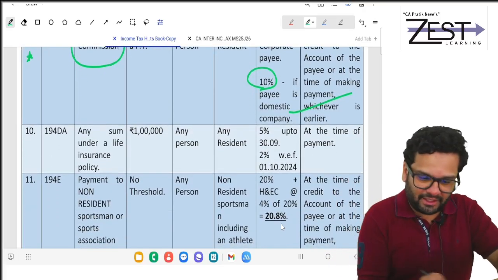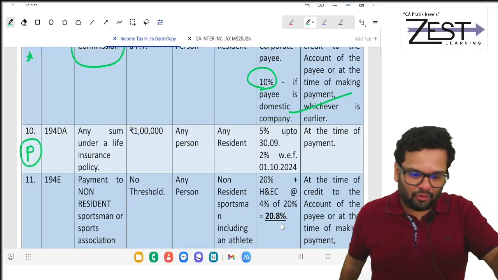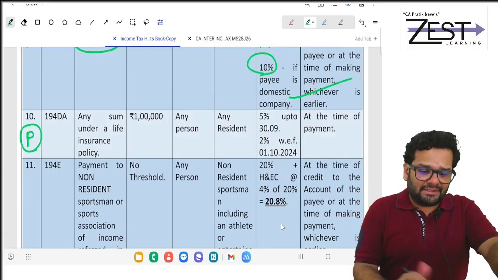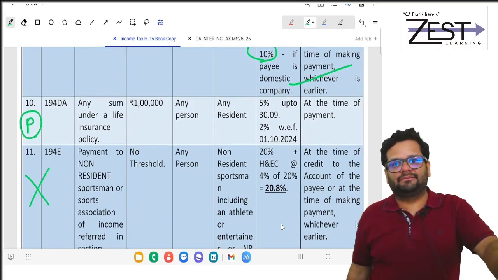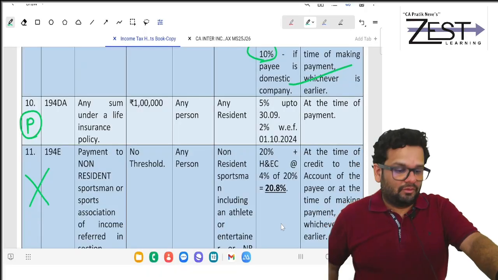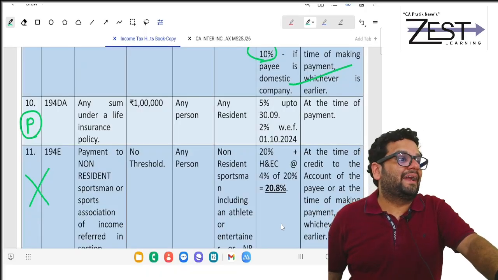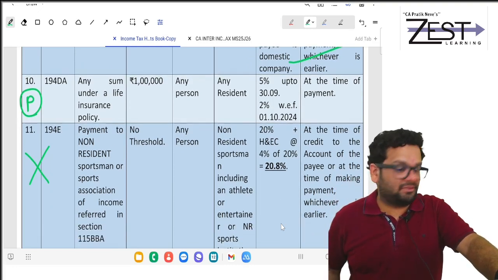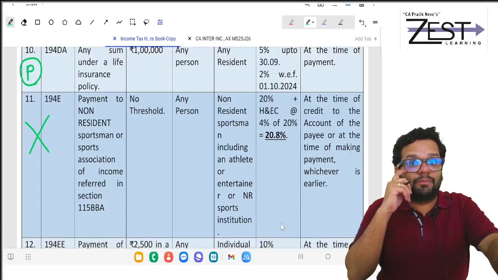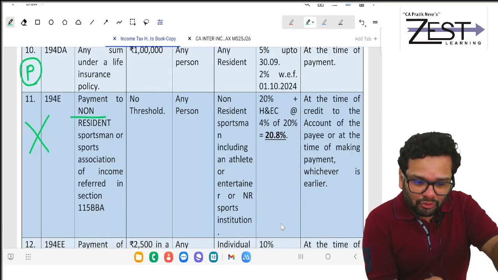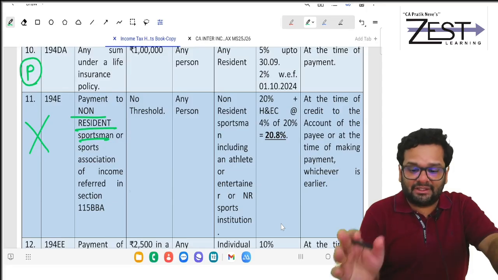This whole next we'll have to keep pending for some discussion. This next is deleted from your syllabus. E is that IPL players, or even the Coldplay band coming to India and performing. Payment to non-resident sportsman or entertainer.